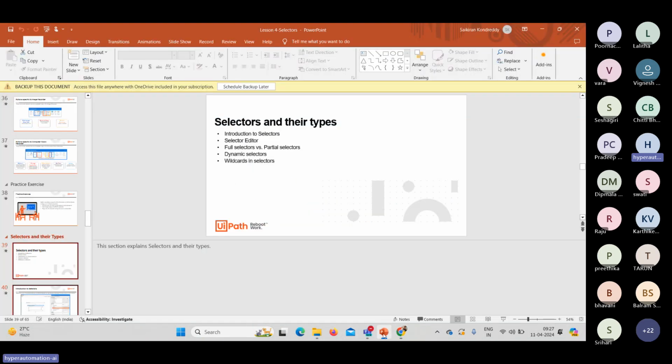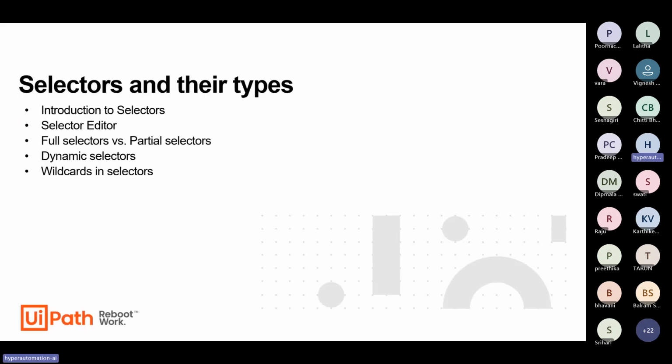But let's jump into the concept of selectors. Before going into selectors, we need to understand what UI interaction is. It is interacting with the user interface of an application, web or otherwise, in terms of inputs or outputs. Input actions are where you click, enter some text, or paste some data.